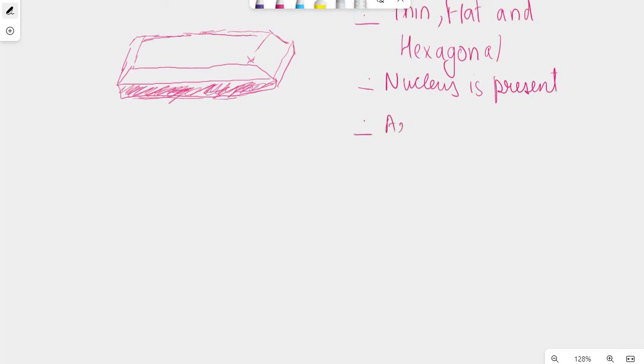So arranged edge to edge, they form a lining. And lastly, since they form a lining, they give the appearance of pavement, hence known as pavement epithelium.